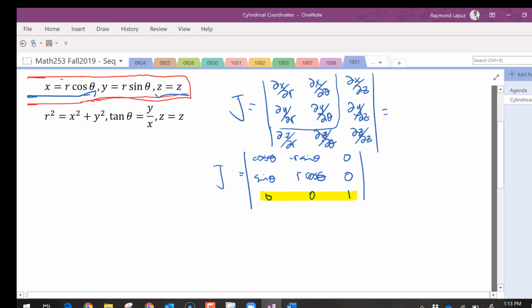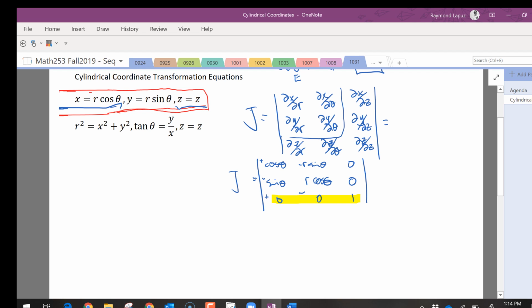So I have to assign signs to each of these things, and I want to expand all the elements in that last row. My signs are going to be positive, negative, and positive. Each of those components has a sign associated with it. It starts with the upper left-hand corner with a plus, and every time you move left or right, up or down, it changes.